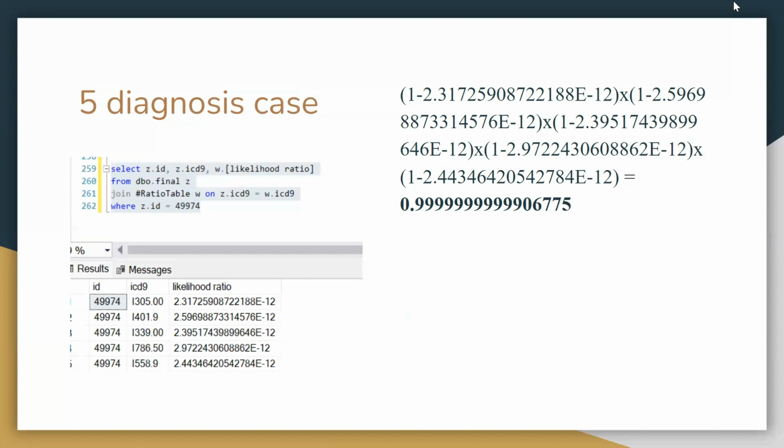So we take one patient that had the 5 different ICDs, like I said, and then you take the likelihood ratio associated with each ICD-9. You subtract 1 minus the likelihood ratio, add them, and then multiply each one together, and that's how you get the result here.